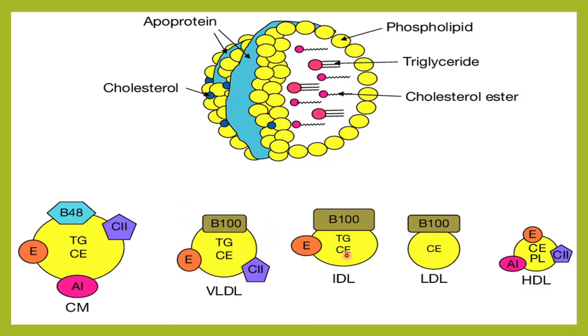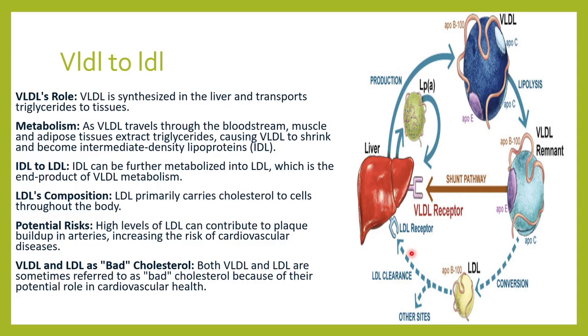Later on it will be broken down into IDL, that is intermediate density lipoprotein, and then the LDL, that is low density lipoprotein. So now the VLDL is getting converted to LDL, and in between you have the intermediate density lipoprotein also. So VLDL is synthesized in the liver, and what is the main function of the VLDL?